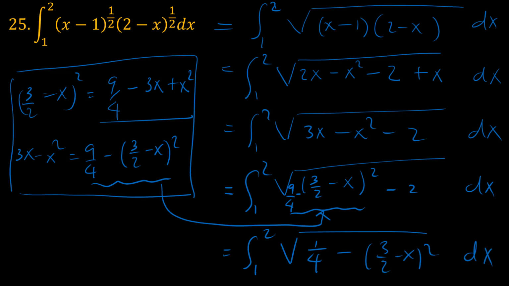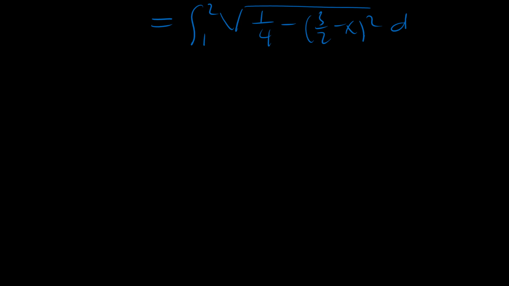Okay, so that now becomes very easy. We can now substitute with a trigonometrical function and it becomes more tractable. So the integral now becomes, as we saw previously, a quarter minus 3 over 2 minus x squared dx.